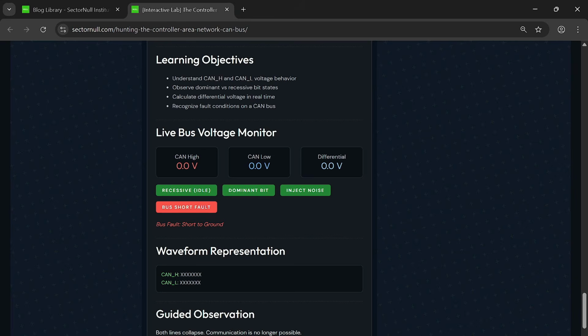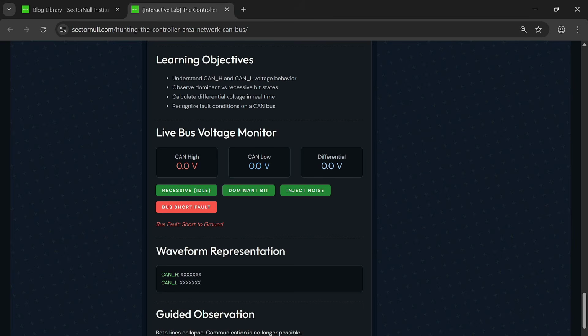So no arbitration, no dominant bits, no recessive bits, and no error recovery, like when the controller units try to recover the errors from the noisy signal. They will fail here. And in a real vehicle, this condition triggers immediate fault behavior, and the engine control unit will attempt retransmission.